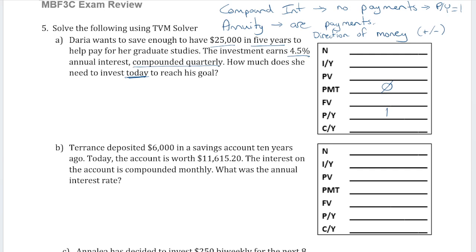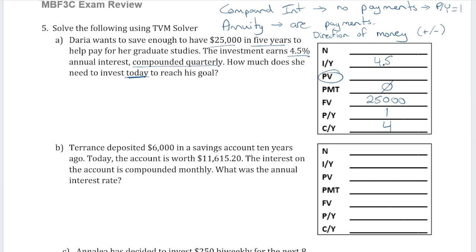So she wants to have $25,000 in 5 years. So that's the future value. It compounds quarterly at 4.5%. We're trying to solve for PV.